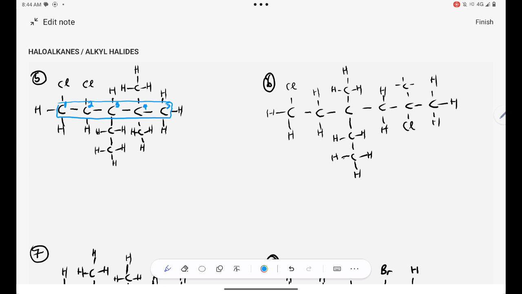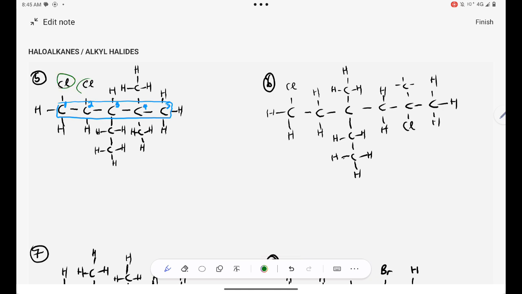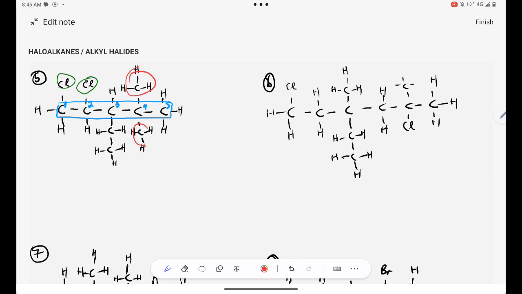Are we together? So whenever I name these substituents, I need to name them in an alphabetical order. I have 2 of the chloros, I have 2 of the methyls, and then I only have 1 ethyl. Are we together?